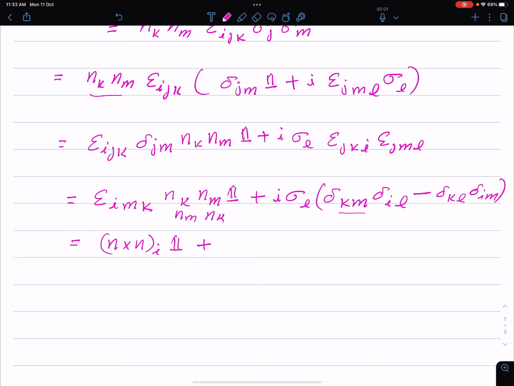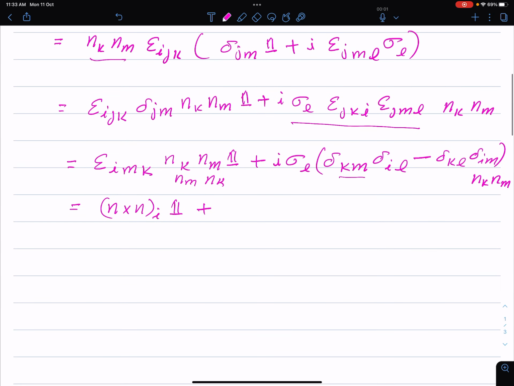This nk nm, you are supposed to multiply for the second term also. So let me put that one there, that is nk nm. So here also there is nk nm. So this equation now you can simplify.